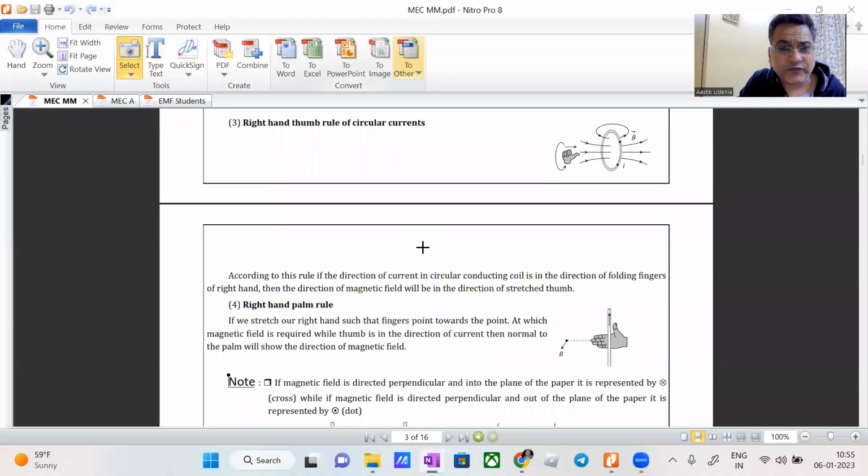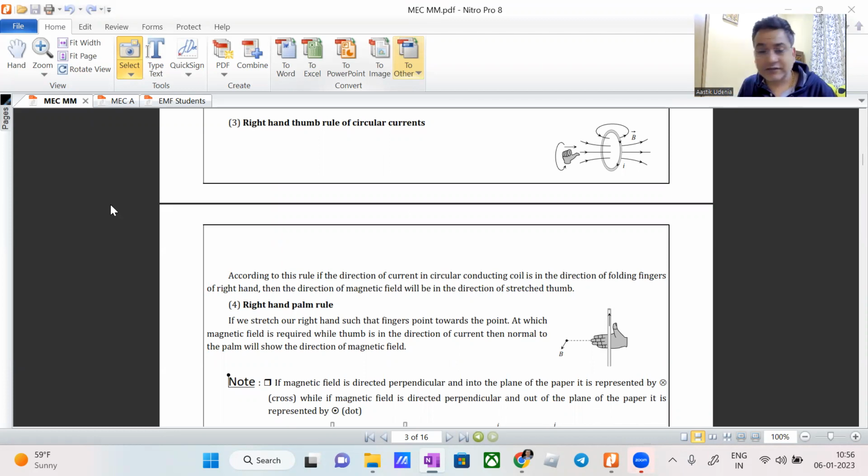In the case of the magnetic field, your first vector is your dl vector, and your second vector is your r vector. dl cross r will give you the direction of the magnetic field.